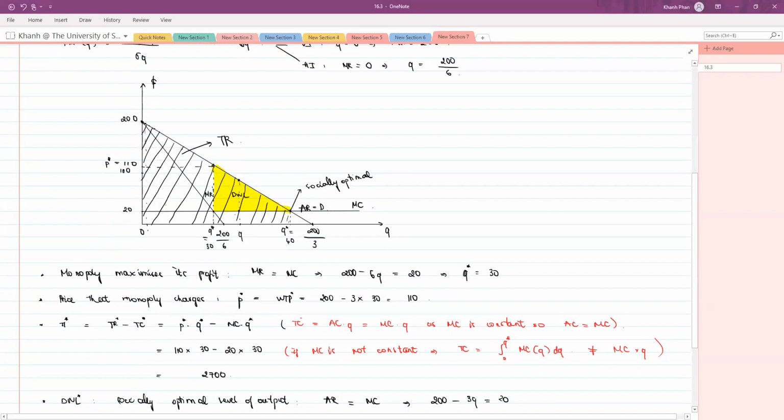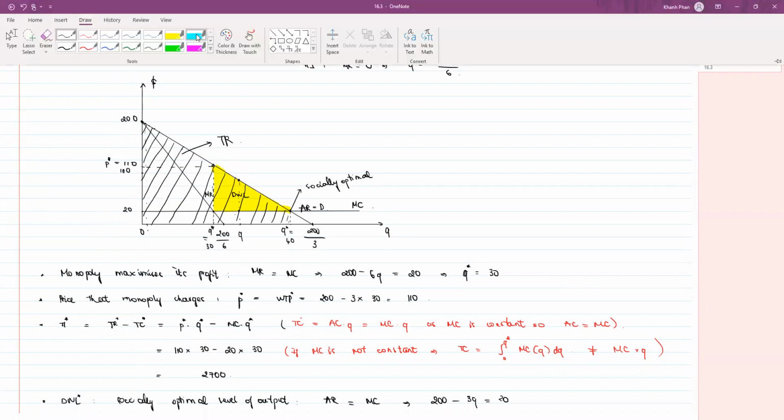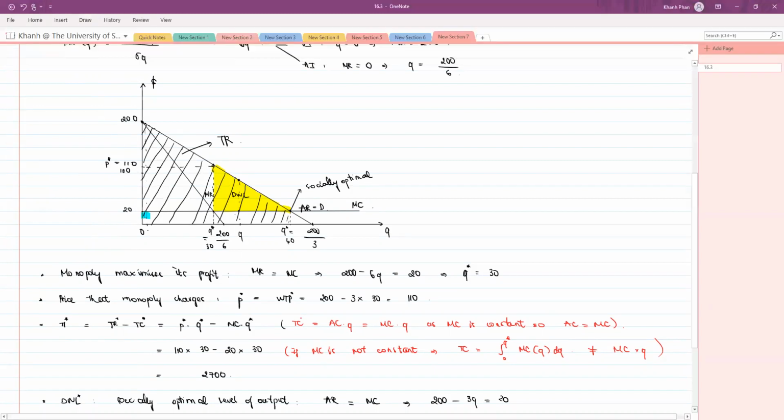So as you can see, the bottom rectangle, which I'm going to highlight in blue, is the firm's total cost under the price discrimination. And this is the total revenue for the firm under the price discrimination.